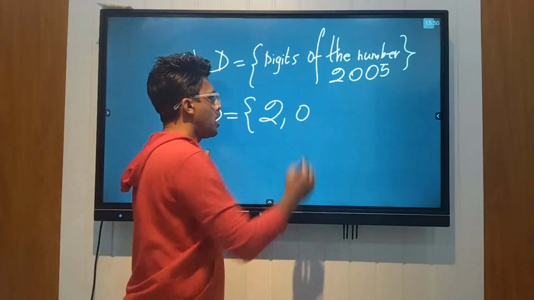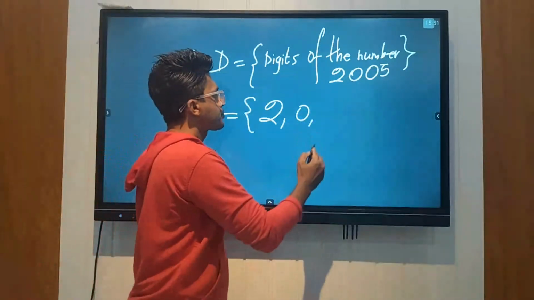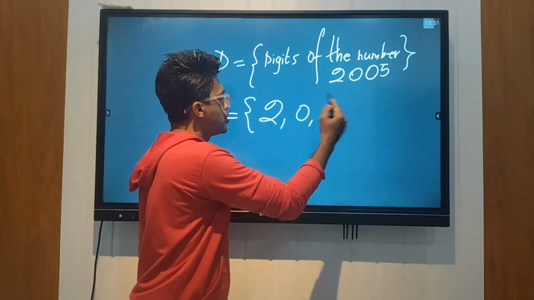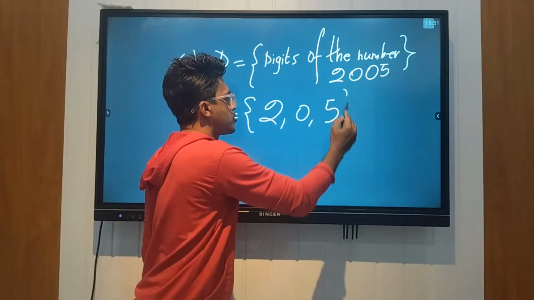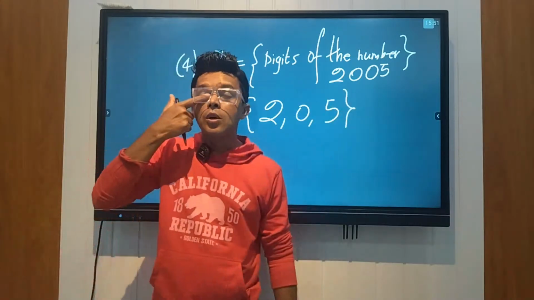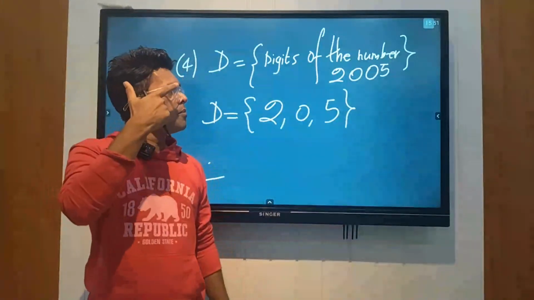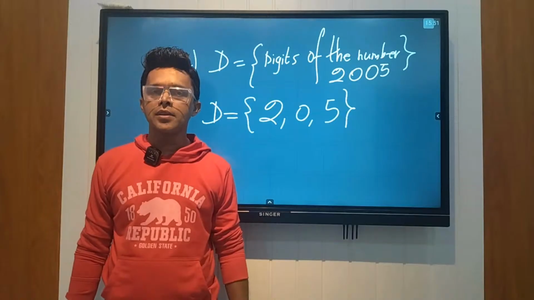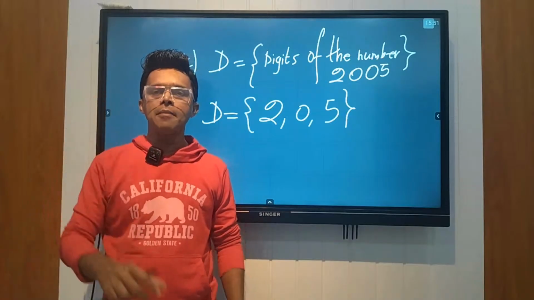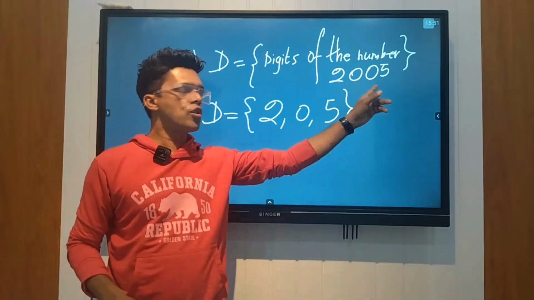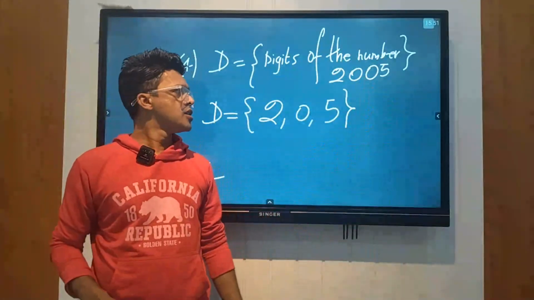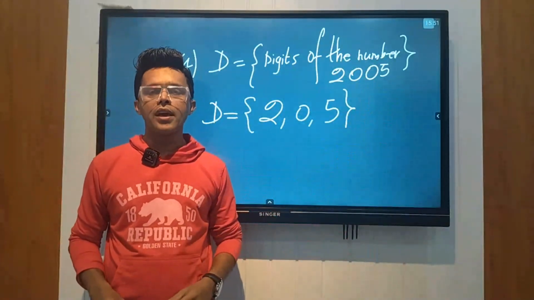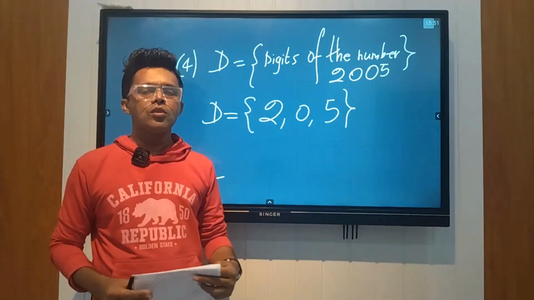Then 2 comma 0 comma, we don't write 0 again, 5. So these are the elements of the number 2005. Although you can see 0, 0 here, we do not write 0 twice.